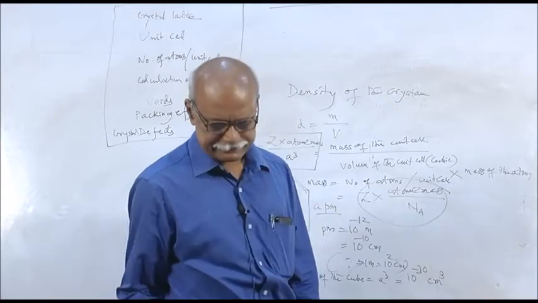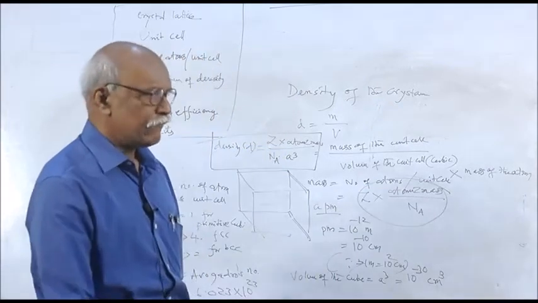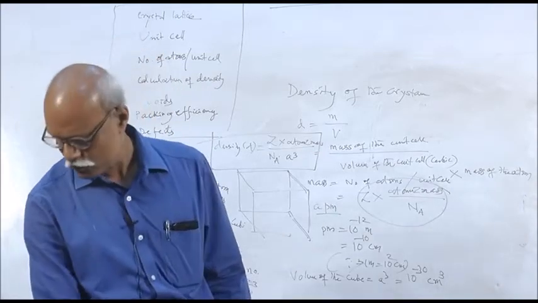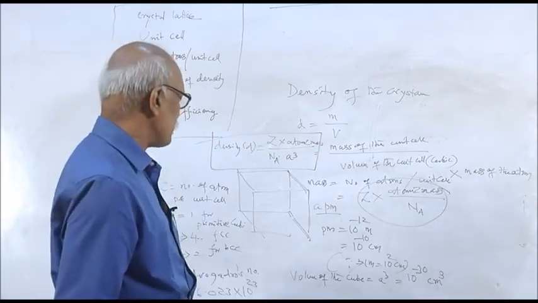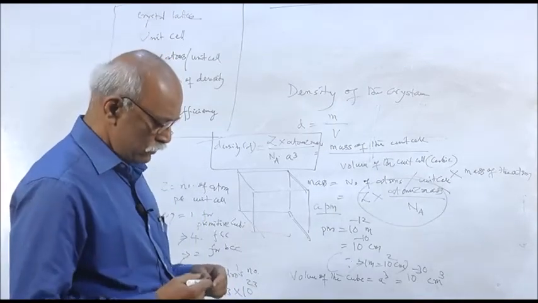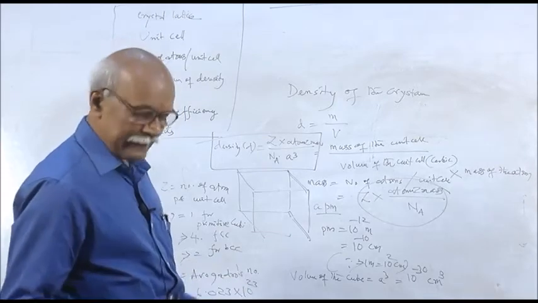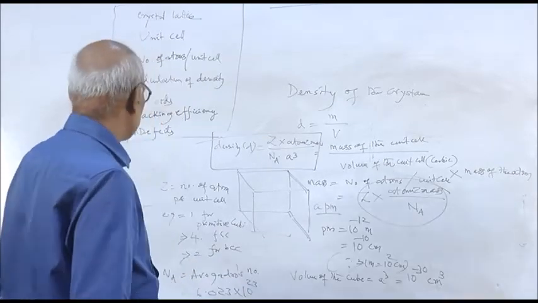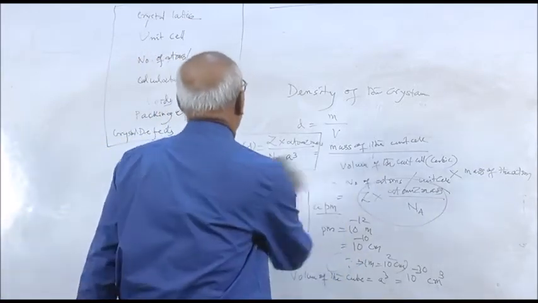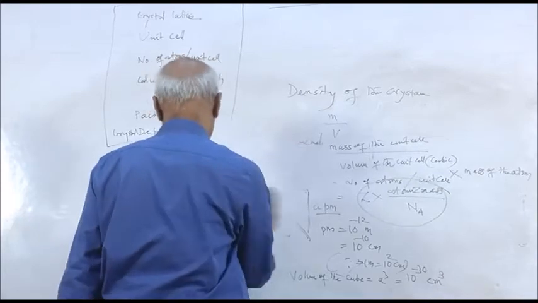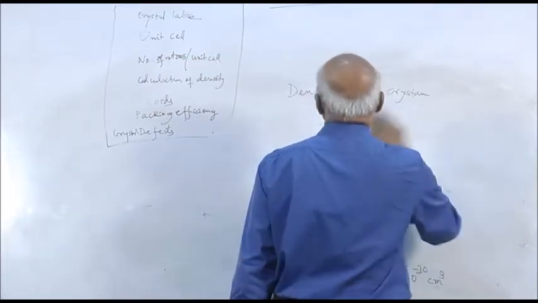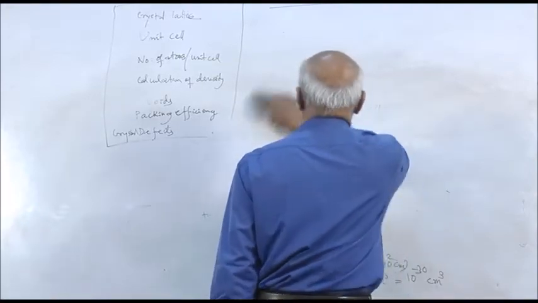Instead of gram, in the form of kg it will be 10 to the power minus 3, because 1 kg is equal to 1000 gram, so 1 gram is equal to 10 to the power minus 3 kg. So if atomic mass is 60 gram, you can write 60 into 10 to the power minus 3 kg. So in any SI unit you can express it.